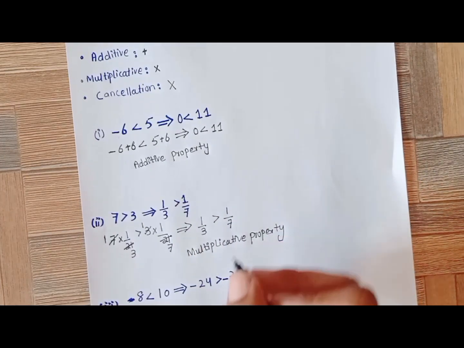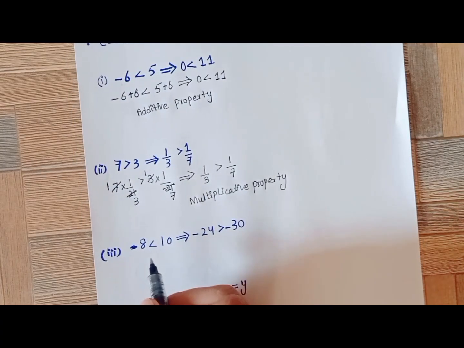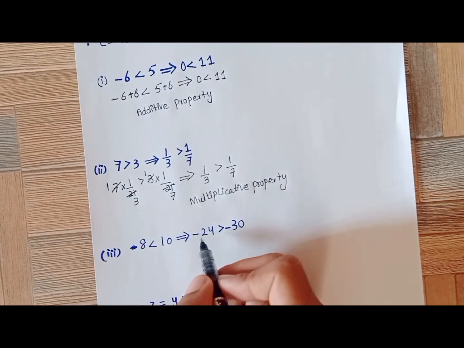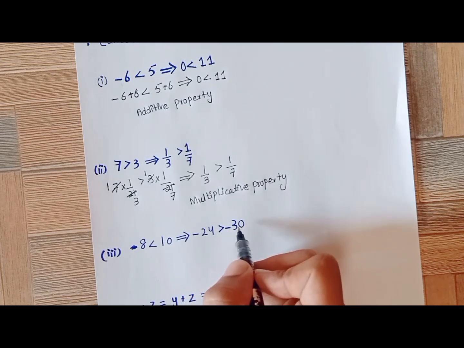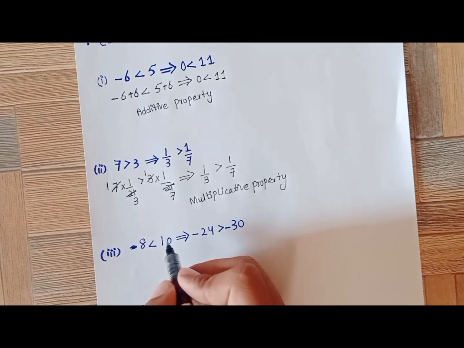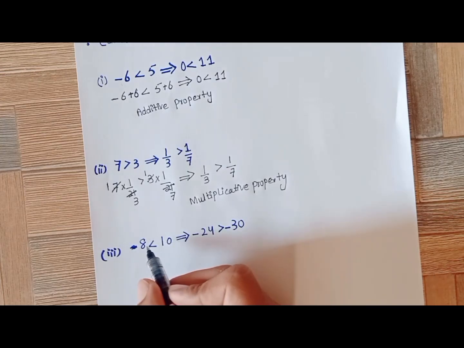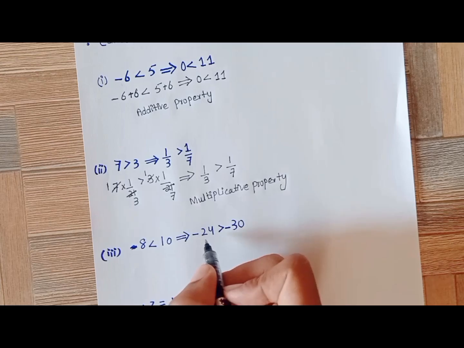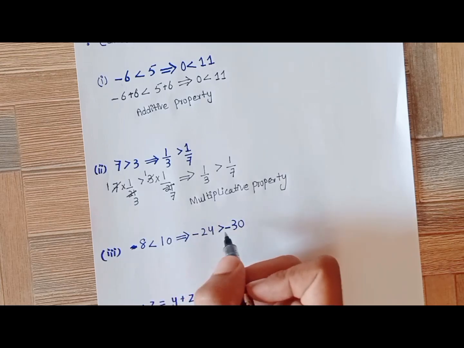Come to the next question, the third one. 8 less than 10 gives minus 24 greater than minus 30. We are supposed to find a constant number by multiplying it with 8. The answer should be 24, and by multiplying it with 10, the answer should be 30.